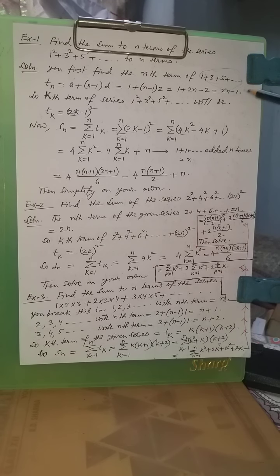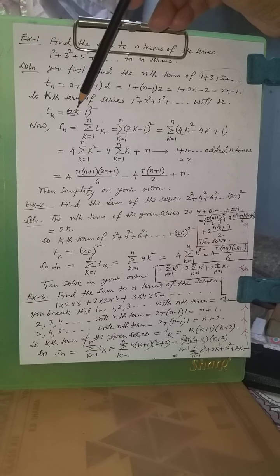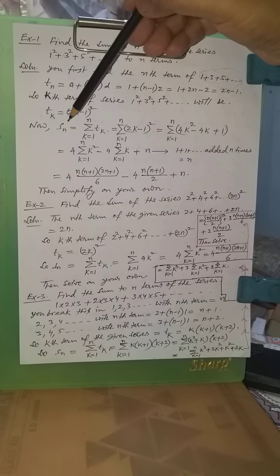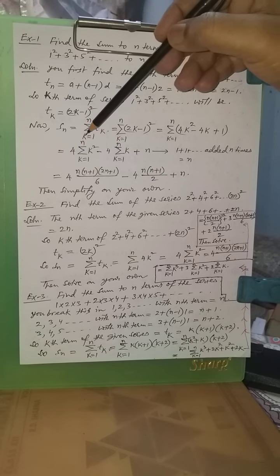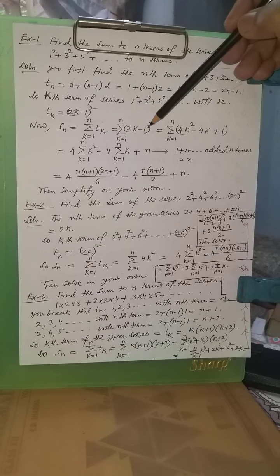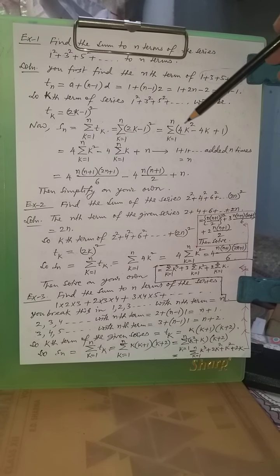So the kth term of this sequence can be written as (2k minus 1) whole square, which is what I have written over here. The kth term of the series will be tk is equal to (2k minus 1) whole square. Now Sn can be written as sigma k is equal to 1 to n tk, which is equal to (2k minus 1) whole square, k is equal to 1 to n.